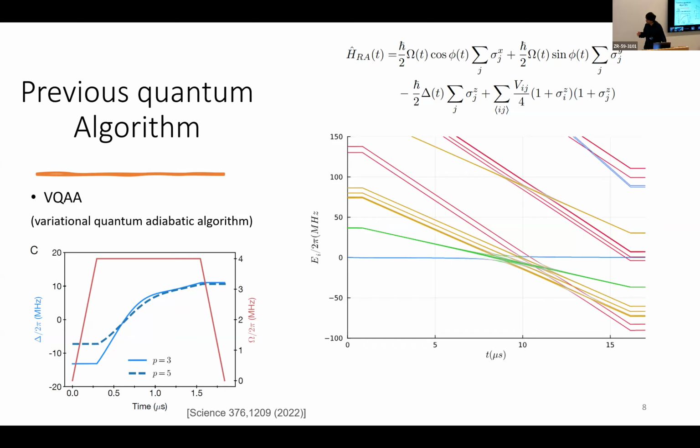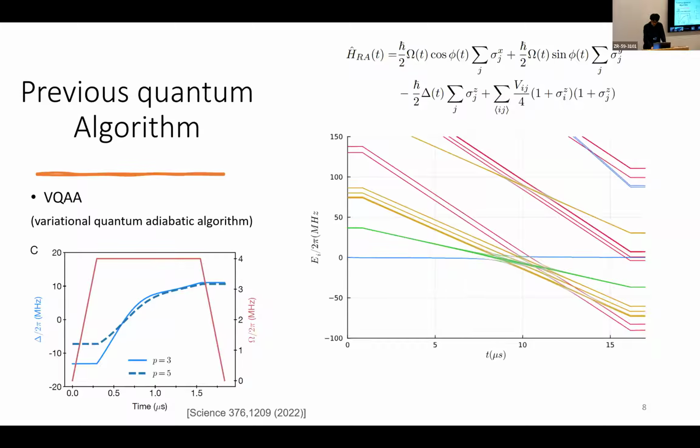The optimized result from their paper looks like this. The detuning is initially at a very large negative value, then increases to a very large positive value. And the Rabi frequency is sharply turned on and then turned off.